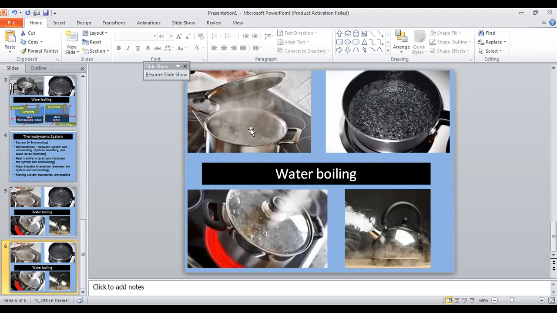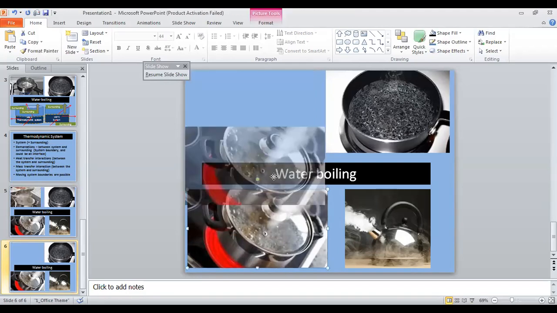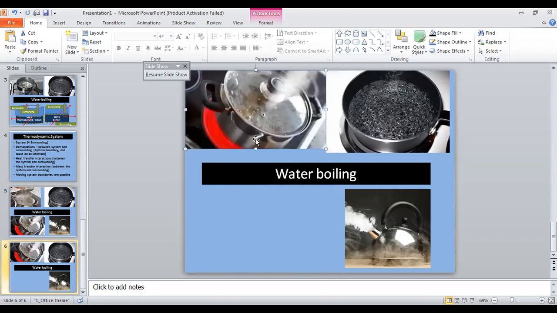Water boiling. Lid closed. Lid closed. Not fully closed.